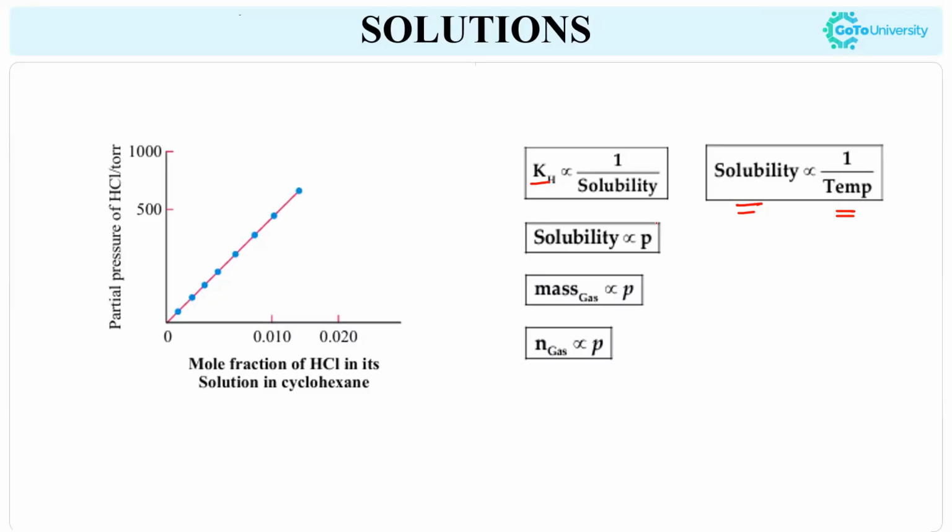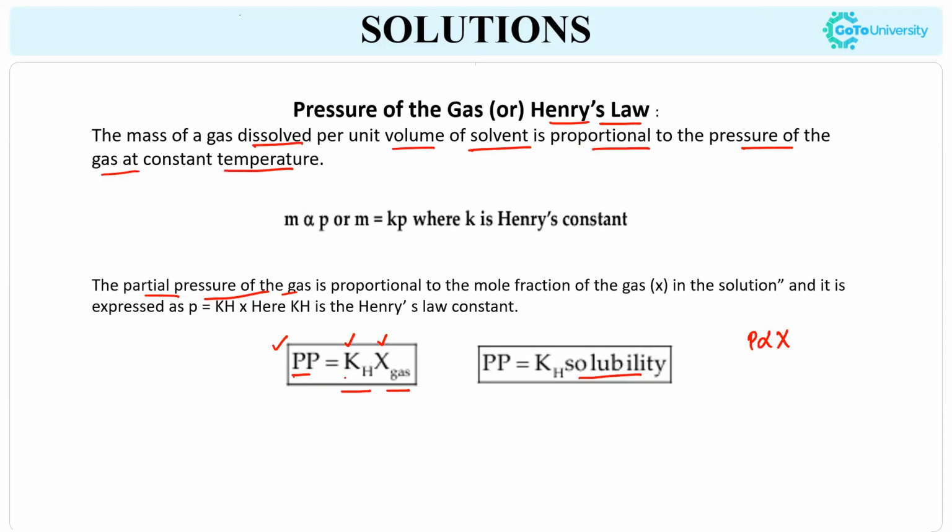Okay, so now this is a graphical representation. Here we can see in the x-axis we have mole fraction of hydrochloric acid in its solution in cyclohexane. So here HCl we have in gaseous state, and here in the y-axis we have the partial pressure. So we know that the partial pressure and the mole fractions are directly proportional, right? From Henry's law, we got that the partial pressure is directly proportional to the mole fraction.